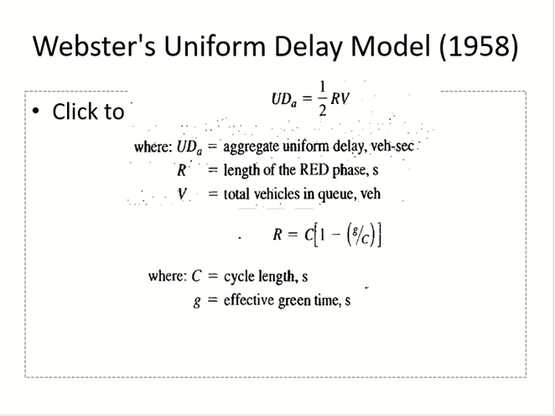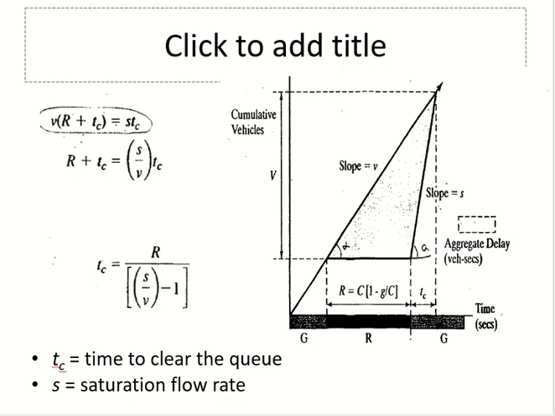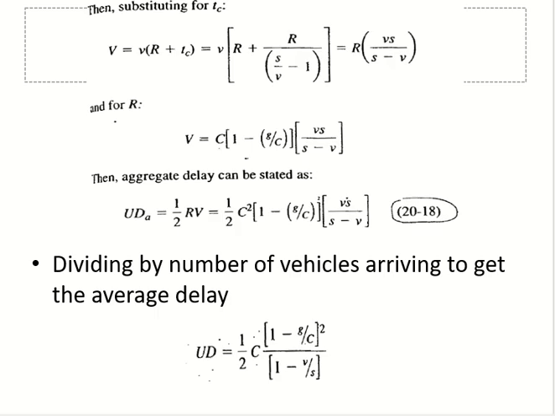I put all these back on this side. So when we do this, V becomes this, the number of vehicles in the queue after we put R and TC and everything.